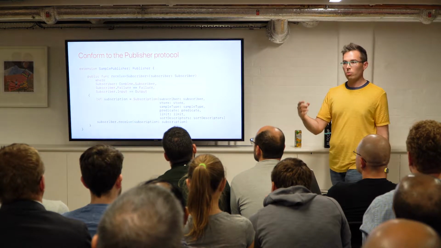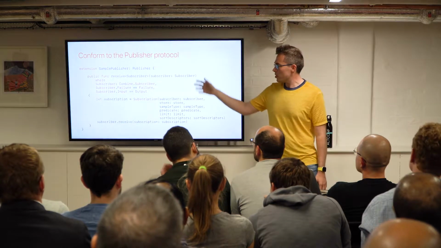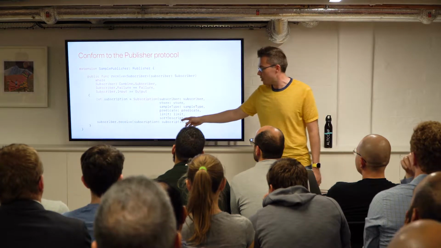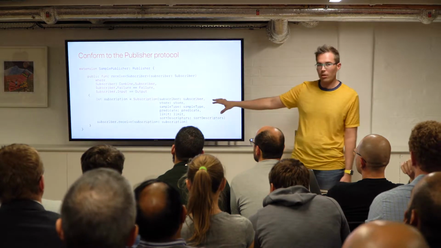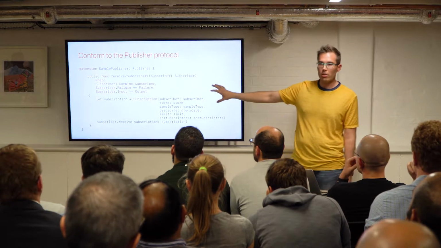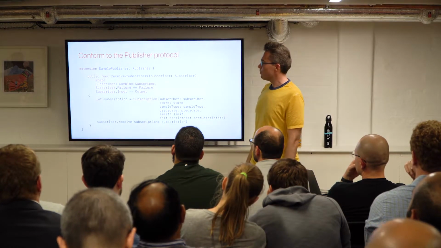Or moreover, subscribers ask subscriptions for values, which is a bit confusing, but it is quite useful here because it just means that we can make a subscription type and give it to the subscriber, and that's all this method needs to do. And in fact, most of the time, that's all this method needs to do for almost any publisher I've found so far.